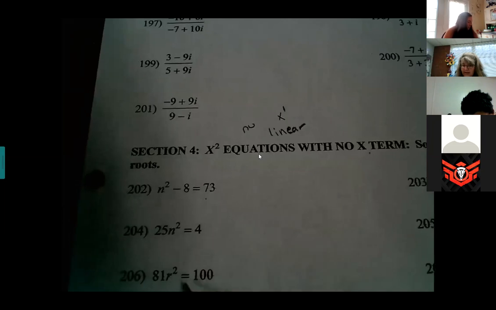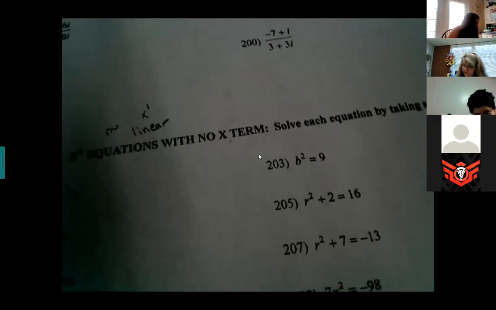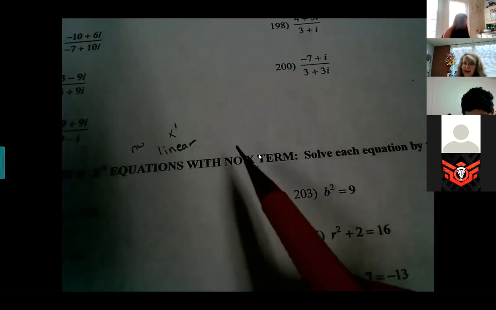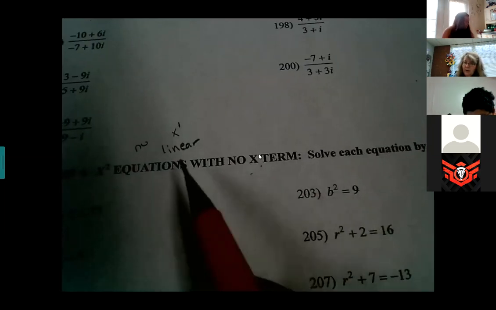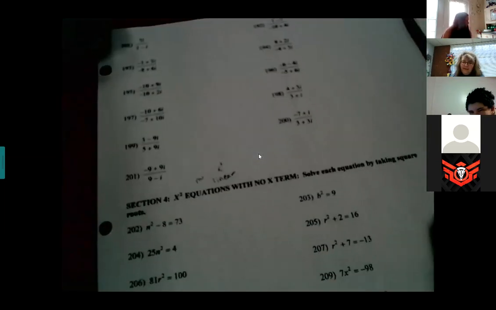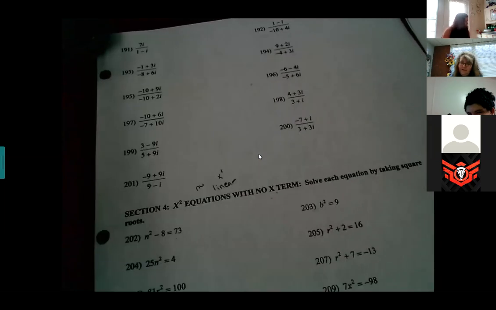So when you look at these all down through here, look at 202 to 211. Do you see that none of them have a singular, as Chloe called it, or as I call it, a linear term? If they don't have a linear term, we're going to do them slightly different.